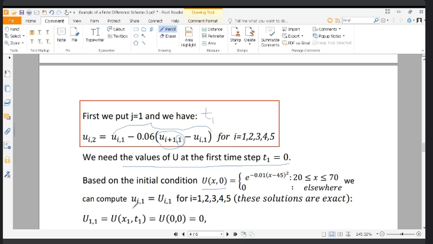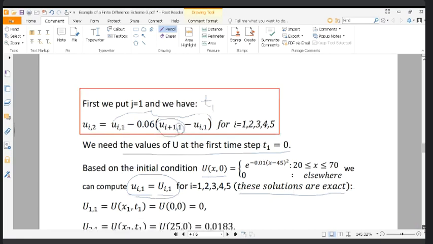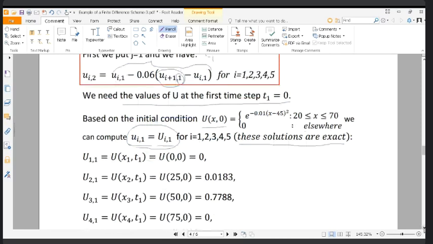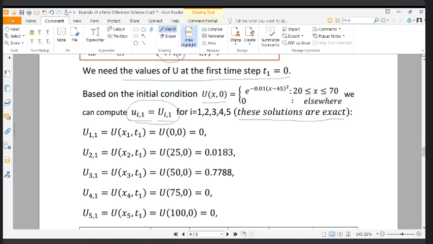The solution at t1 is exact because of the initial condition.